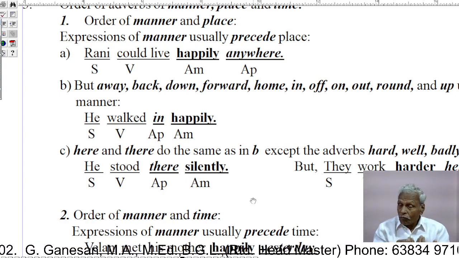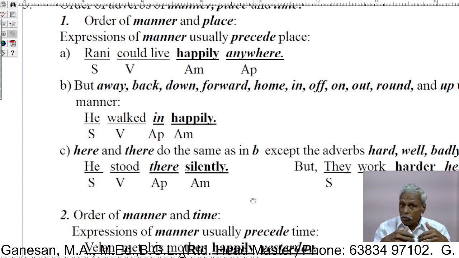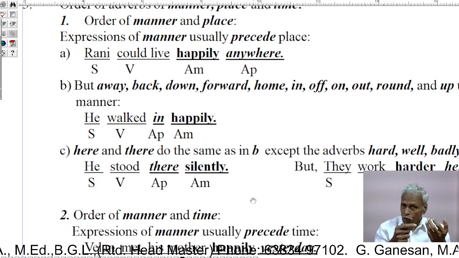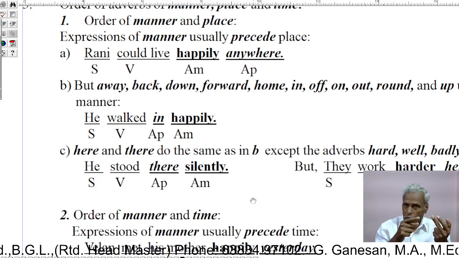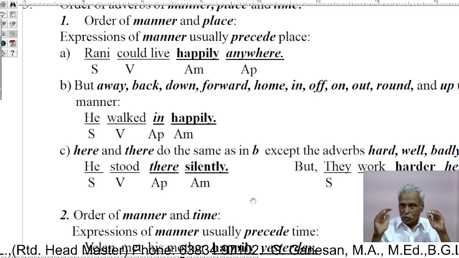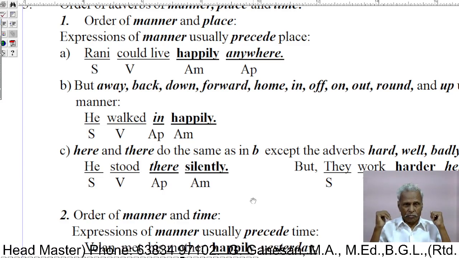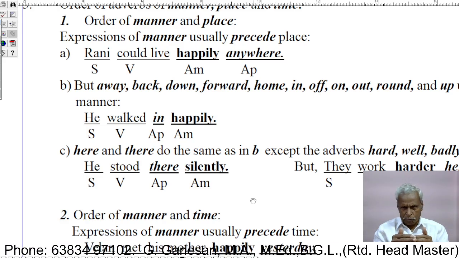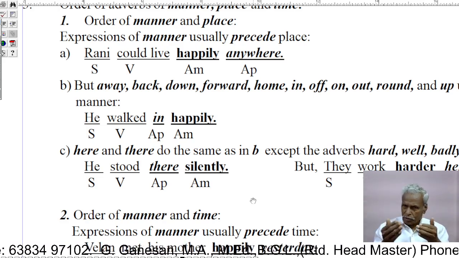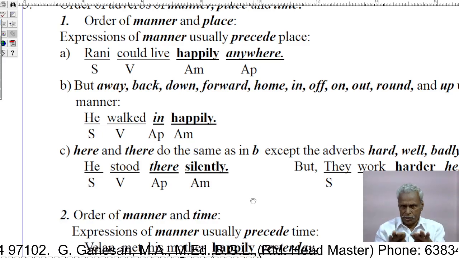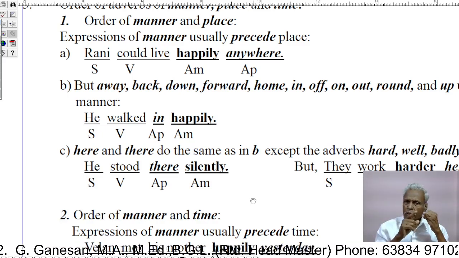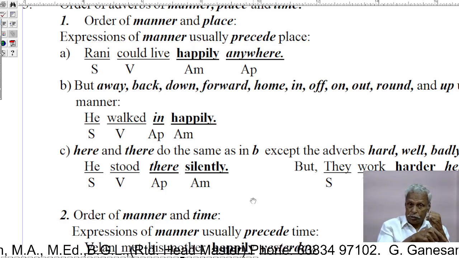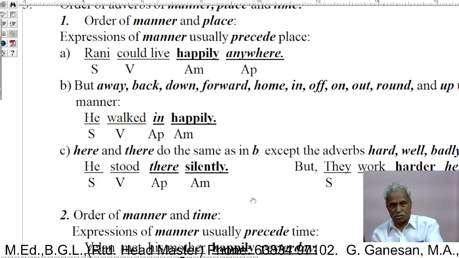But when the adverbs away, back, down, forward come side by side with adverbs of manner in a sentence, the adverb of place should be placed first and manner next.